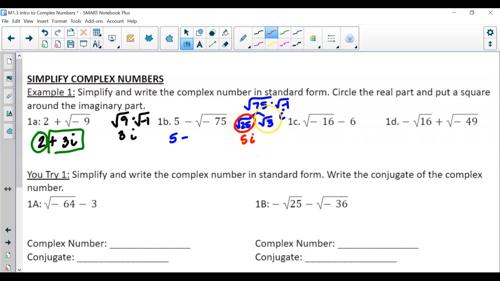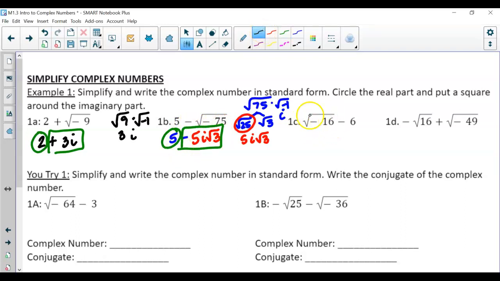So 5i, then keep radical 3. So 5 minus 5i radical 3. Again, here the real part is 5, and the imaginary is the entire negative 5i radical 3.